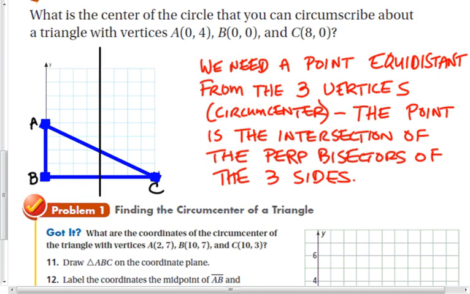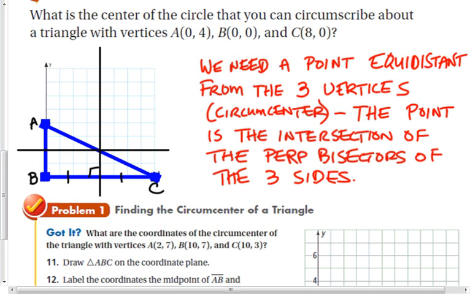To be on the perpendicular bisector, we need to be on the midpoint of that side, and then we need perpendicular. Since side BC is a horizontal line, a vertical line would do that. And then I can also find the perpendicular bisector of side AB by just drawing a horizontal line through the midpoint of side AB, which is at 2, right there.